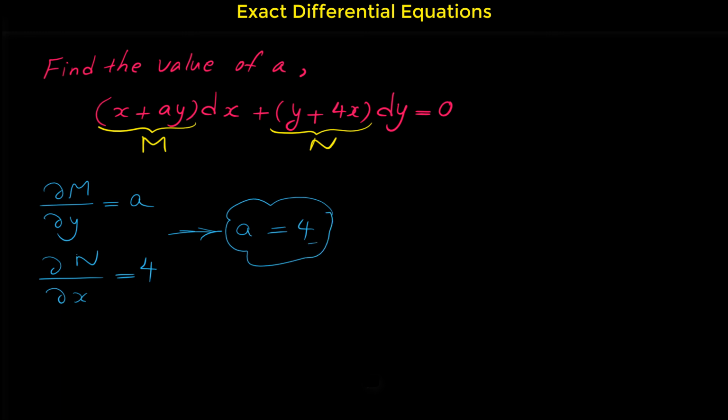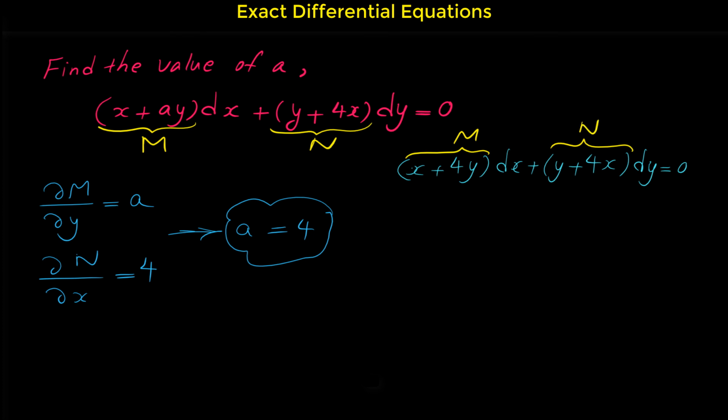Now if we plug in 4 for a here, the differential equation is x plus 4y dx plus y plus 4x dy equal 0. Note that here this expression is m and this expression is n.